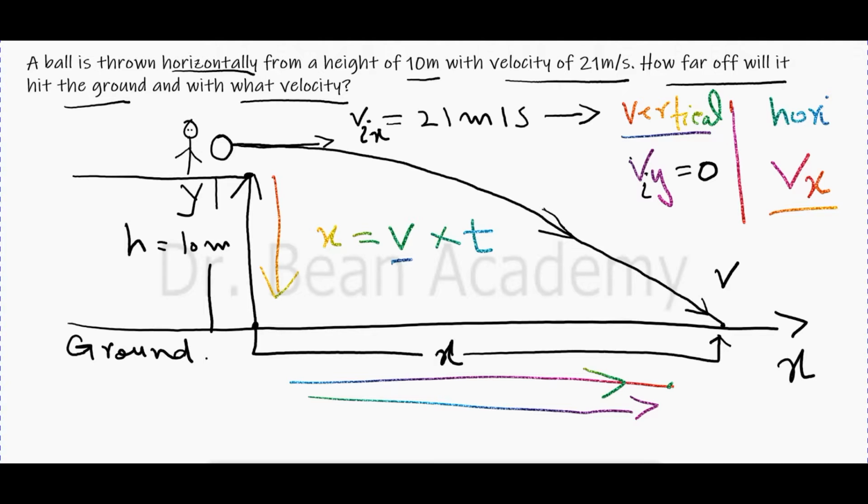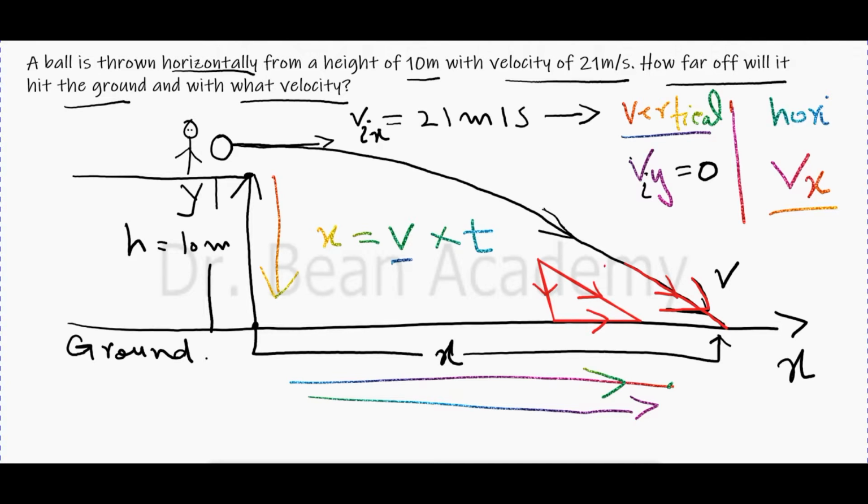However, because they also told us to find the velocity with which it will hit the ground, see that when it goes to hit the ground, the velocity will be slanted, so it will have a vertical component and also a horizontal component.